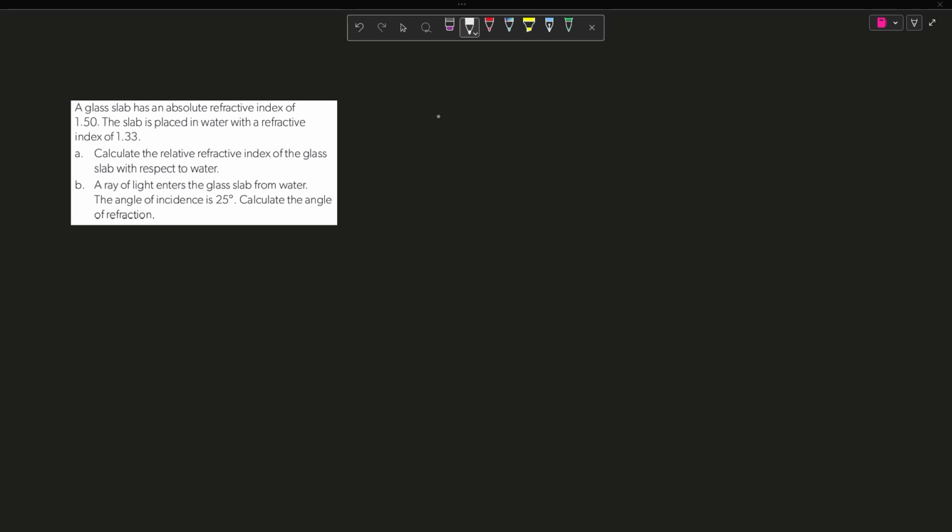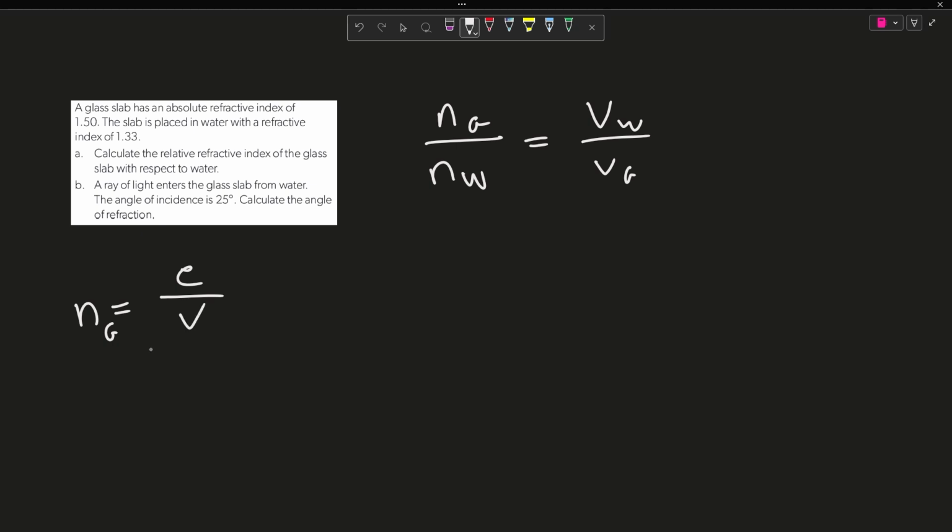So n of glass with respect to n of water is equal to, as in the formula booklet, the v of water over the v of glass. And using the formula for the refractive index, n is equal to c over v, so for glass, 1.5 equals c over v glass.